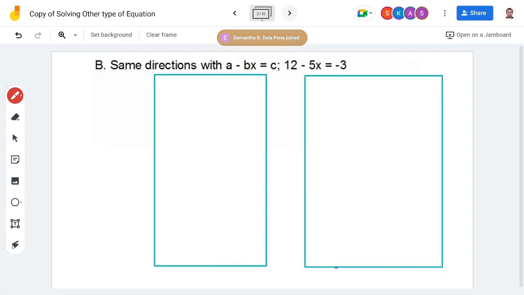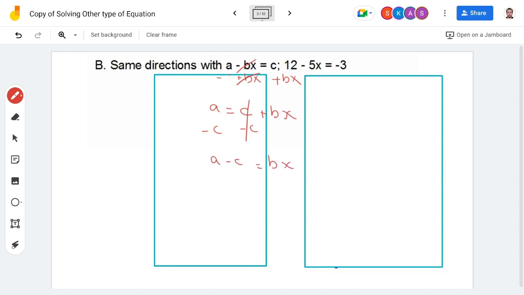Let's continue. Now we have another example with a bx, same thing, but a different equation. We need to solve for x. So it's a plus bx, sorry, positive. So it will be a equals c plus bx. Then subtract c from both sides: a minus c equals bx. Then divide by b, so x is equal to a minus c over b.